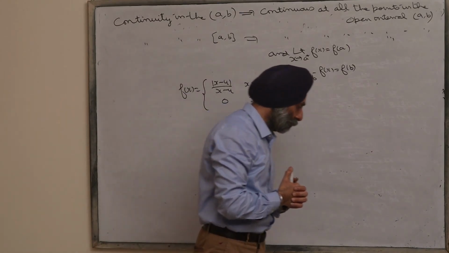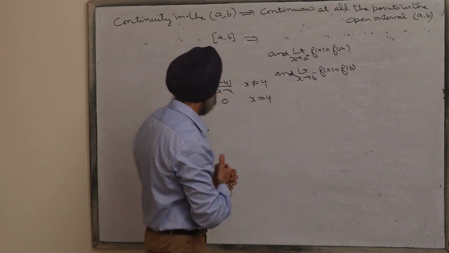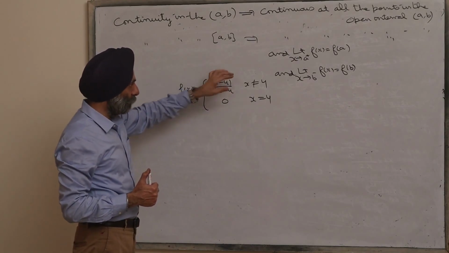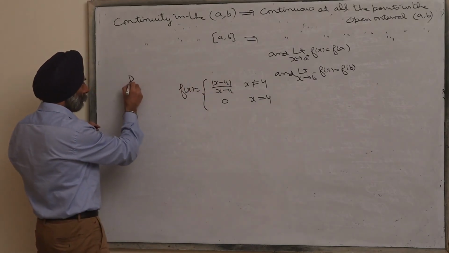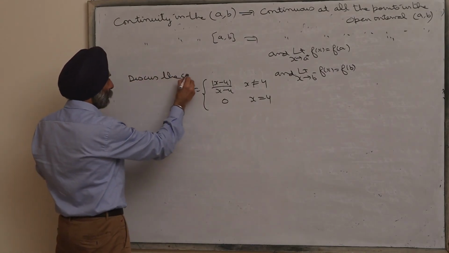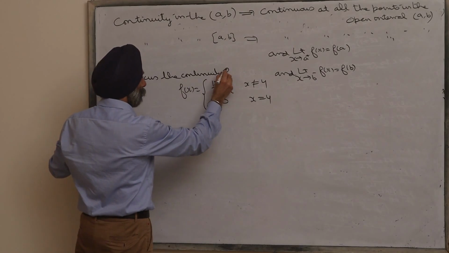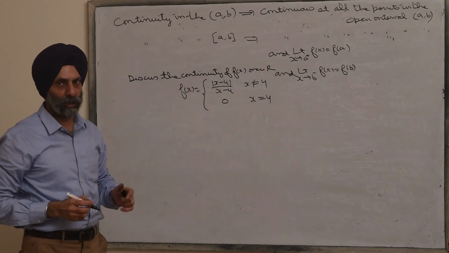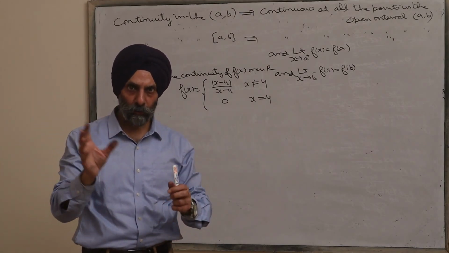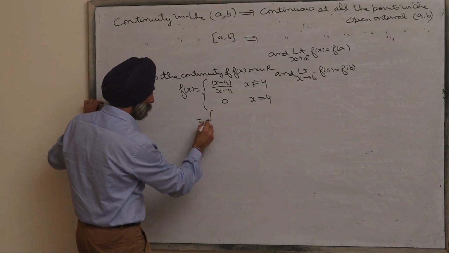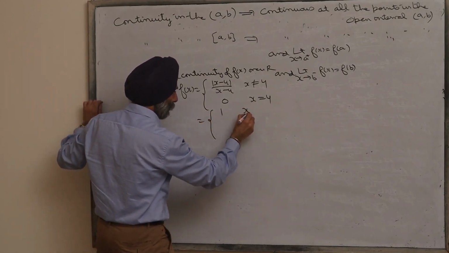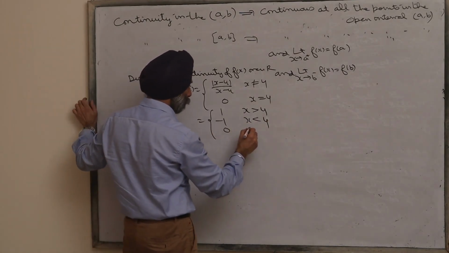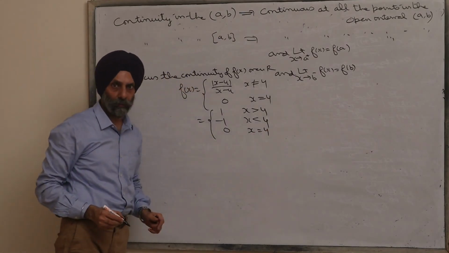So we have to discuss the continuity of f(x) over R. Now let's say the statement is discuss the continuity of this function over whole of the real line. Now you can see here this is equal to 1 when x is greater than 4, it is minus 1 when x is less than 4, and is equal to 0 when x is equal to 4.